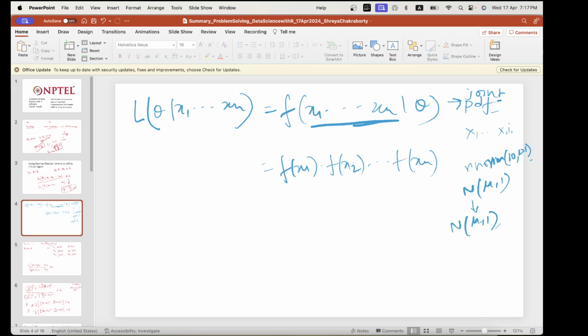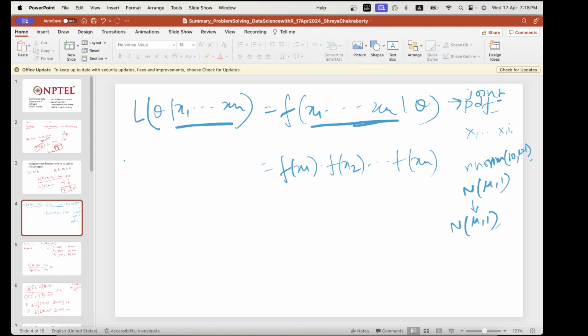So whenever I'm drawing samples from a distribution, the parameter theta is actually given. Likelihood mathematically is the same thing as joint probability, joint PDF, but the likelihood concept is that the data is already provided to you. You are making an assumption on the nature of the data, and then you are finding out the probability of that population parameter to be some theta.